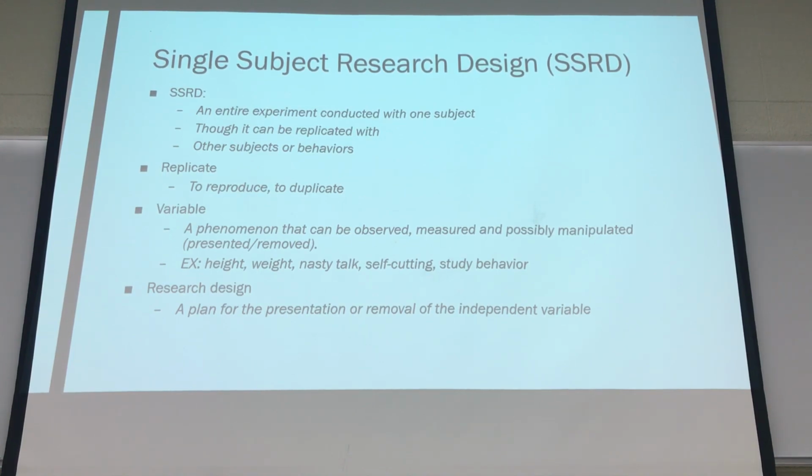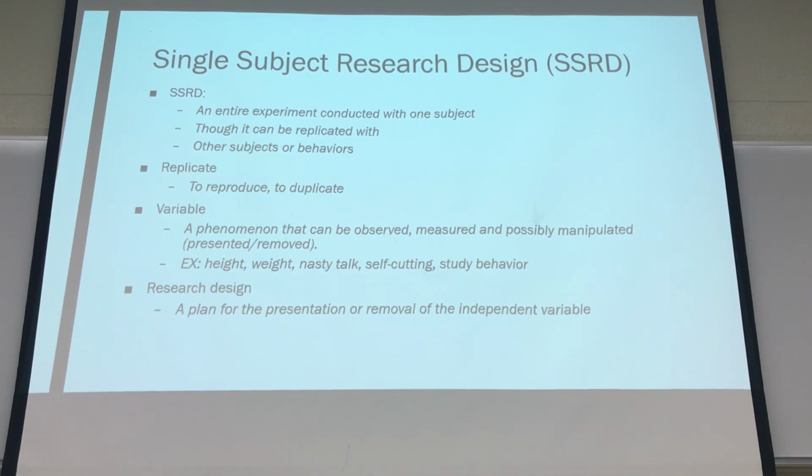Phenomena that can be observed, measured, and potentially manipulated. We've got a couple examples here. Height is a variable. Can we measure the height of anything? Sure. Okay? Weight is another variable. Can we measure weight? Absolutely.